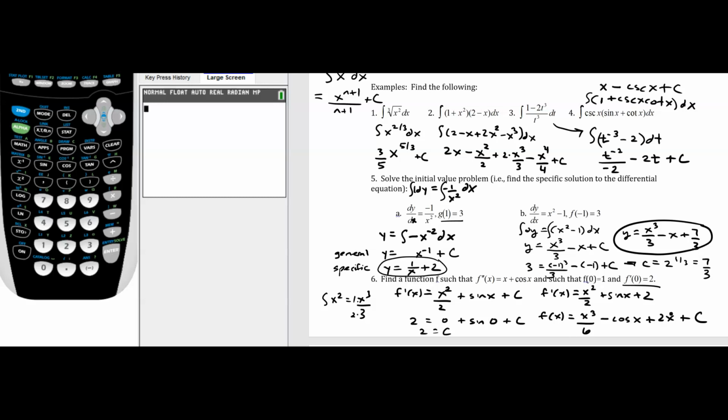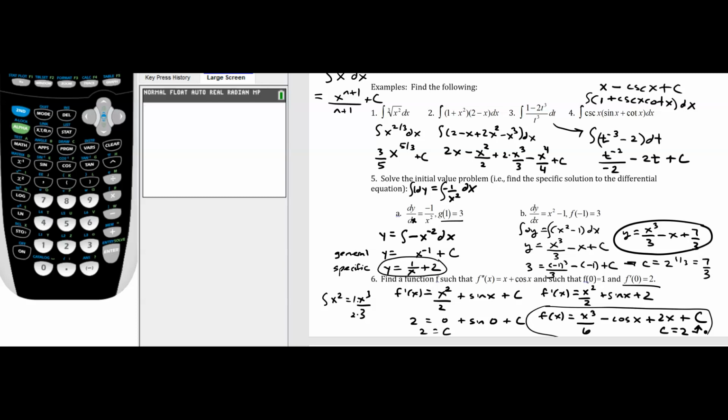This goes to 0. This is 1 on this side because f of 0 is equal to 1. So we have 1 equals 0 minus 1 plus 0 plus c. So you're going to bring that minus 1 to the other side and get c is equal to 2. And so if you just substitute 2 in for c, then this would be the specific solution to our function f.